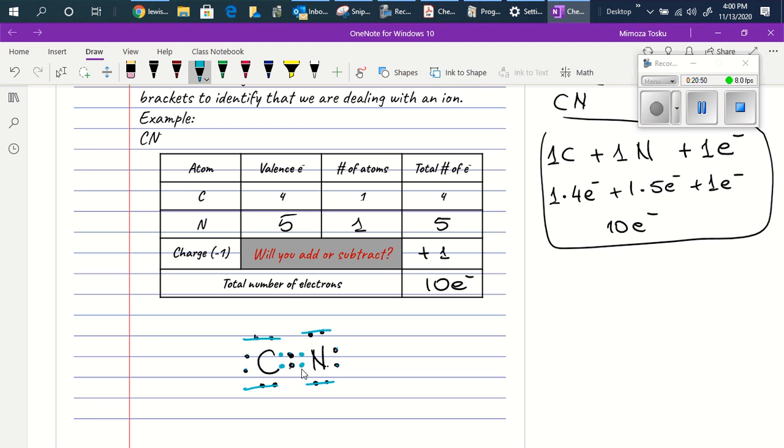It is the correct number of electrons that we have to put in place between carbon and nitrogen.